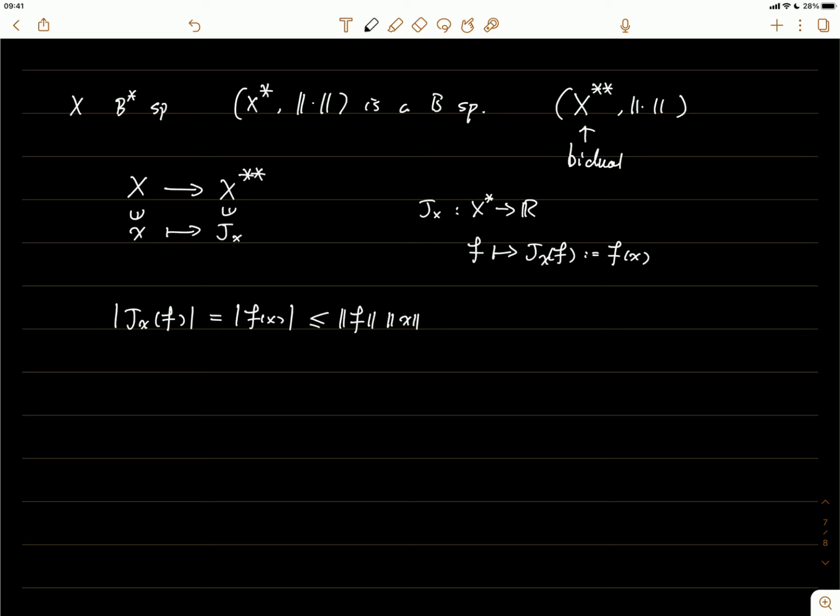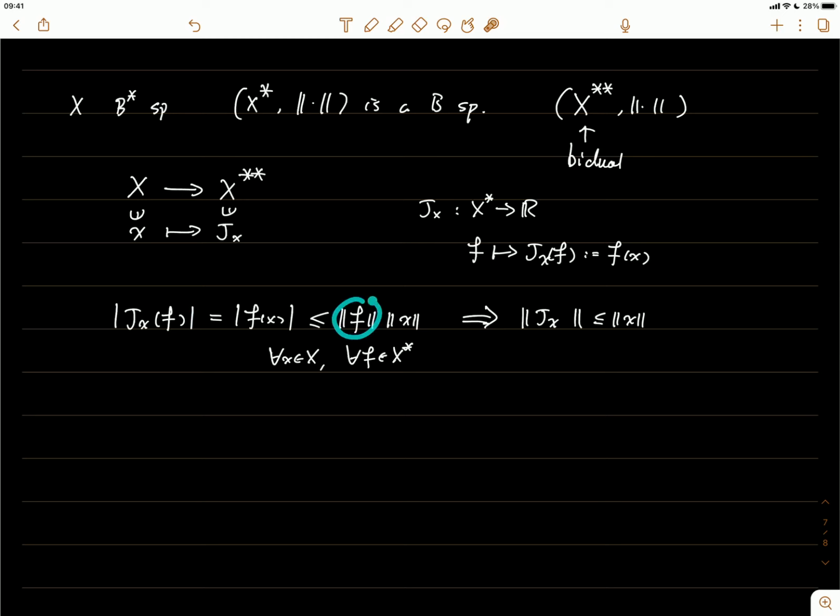This is true for any f in X star and any x in the space X. This implies that Jx, as an element in the Bidual, has a norm less than or equal to the norm of x, because for any f it is bounded by the norm of f times some constant, so the norm of Jx must be less than or equal to that constant, which is the norm of x.